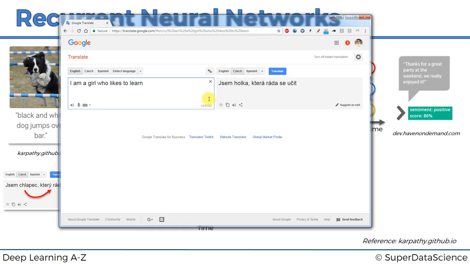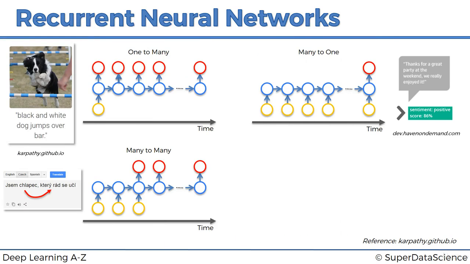But a very visual example we have here is that at the least you need to know the gender of this word in order to translate the following words for the sentence to make sense. And that's where RNNs have power, because they have short-term memory, and they can do these things. So there we go. That's a many to many.